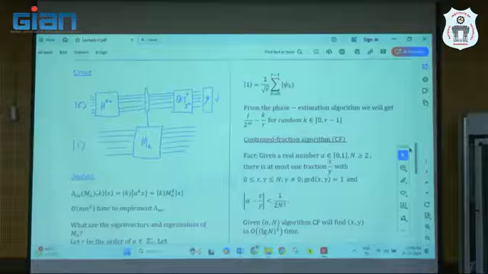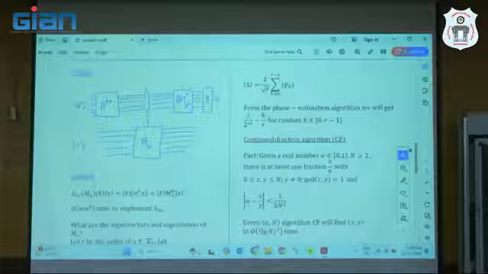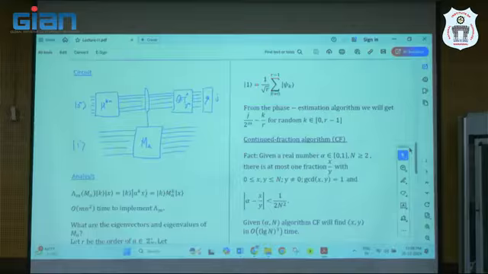k is a number from 0 to 2 to the m. Remember, k is coming from here, but this is m bits, no? So it's a number from 0 to 2 to the m minus 1. So if m is 100, k can be like 2 to the 100, so I have to compute A to the 2 to the 100.